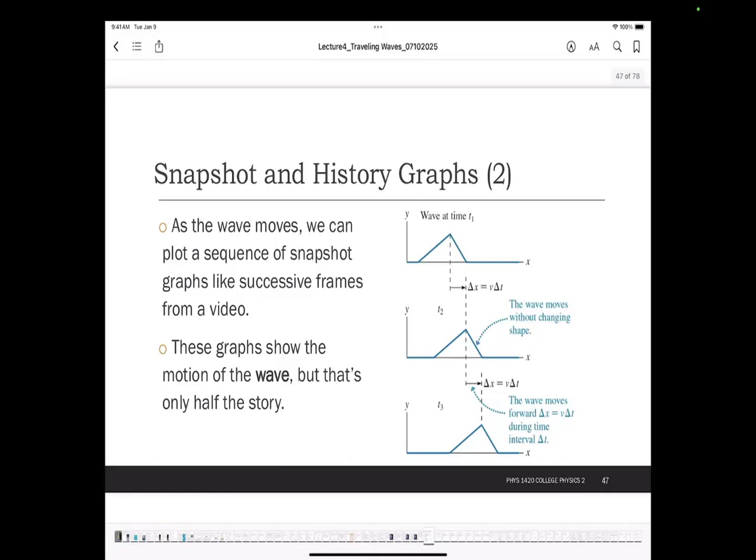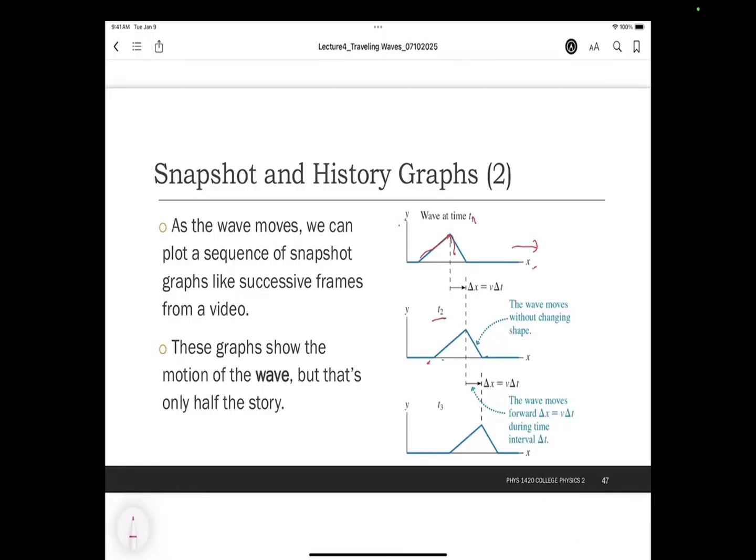As the wave moves, you can see this is a wave, and this is the distance. This is the displacement, and at time t1 the wave is here. At time t2 the wave moves here, and at t3 it moves here.